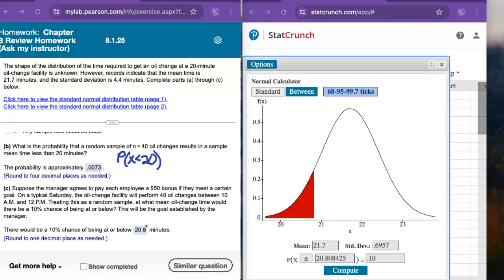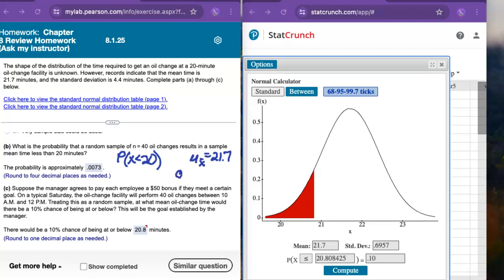And we know if we're looking at a sampling distribution, the mean of the sampling distribution is also going to be 21.7 minutes. That doesn't change. But the standard deviation, we've got to use a little formula for that.